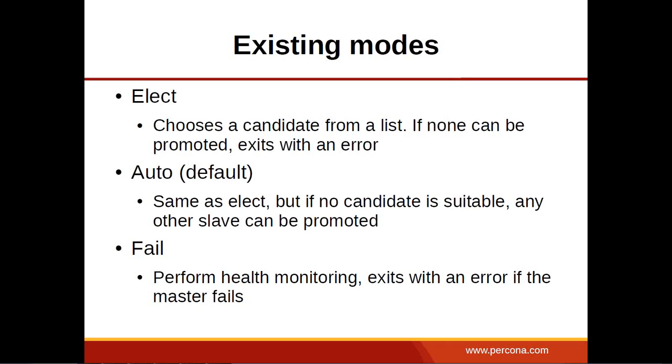If no server from the list is available, it just exits with an error. The default mode is auto, which is exactly the same as elect, but if it doesn't find any candidate, it will choose any slave that is available. And you also have the fail mode, which only gives you health monitoring: as soon as the master fails, the tool will exit with an error and do nothing else.